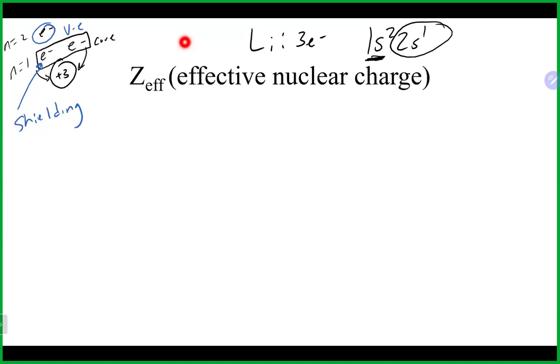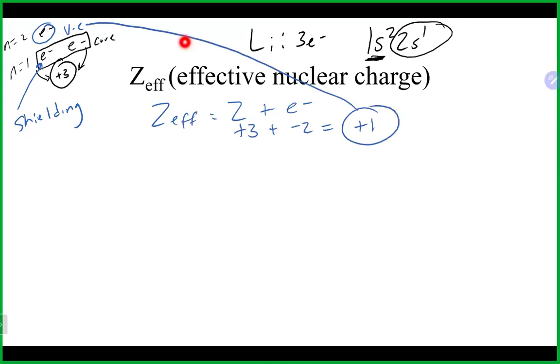You could actually calculate what it is feeling. So the Z effective is basically the atomic number of protons, which in this case would be +3, plus basically the number of electrons that are shielding it, which in this case is 2, so plus -2, which means that outer electron is not feeling a +3 charge.